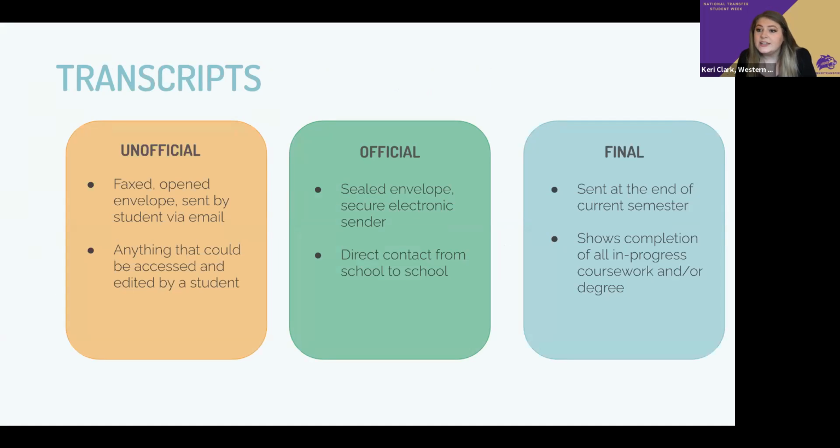On the opposite end, you've got an official transcript. That's something that is in a sealed envelope or a secure electronic sender, such as National Student Clearinghouse. You'll hear that term come around too. Or it's just anything that has direct contact from school to school, so nothing that passes through the student's hands.